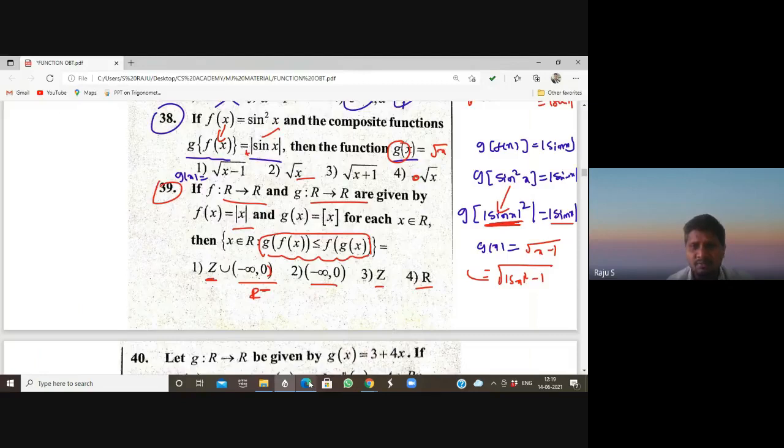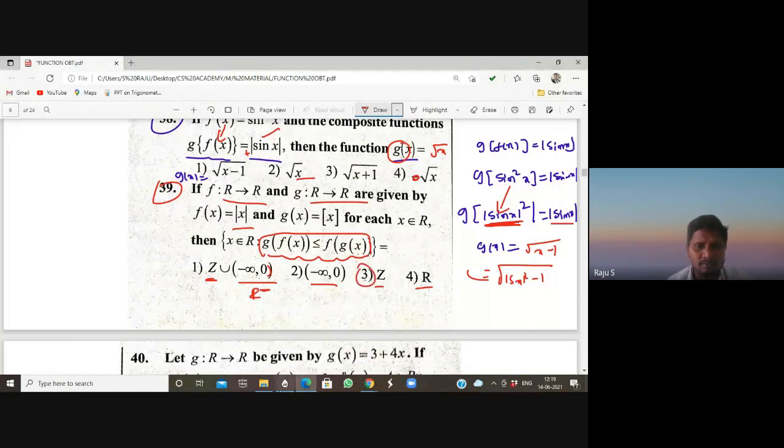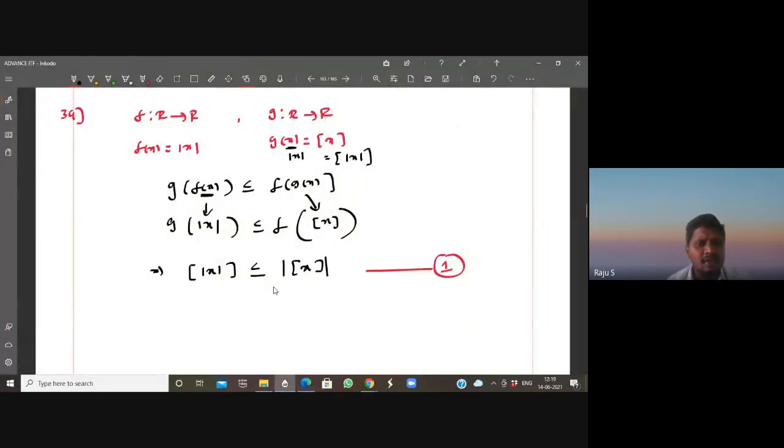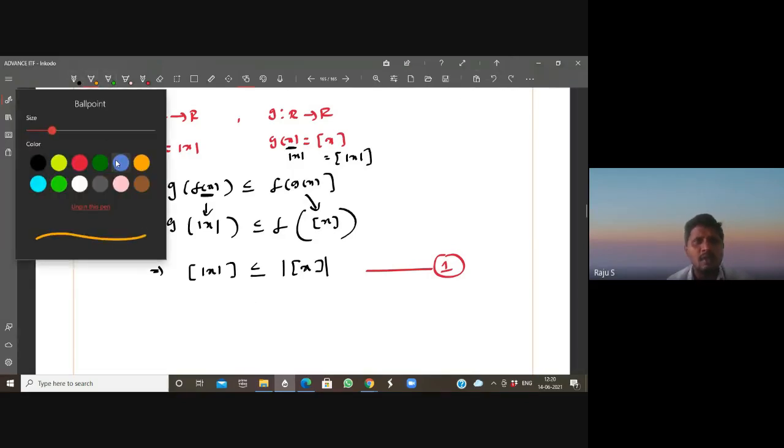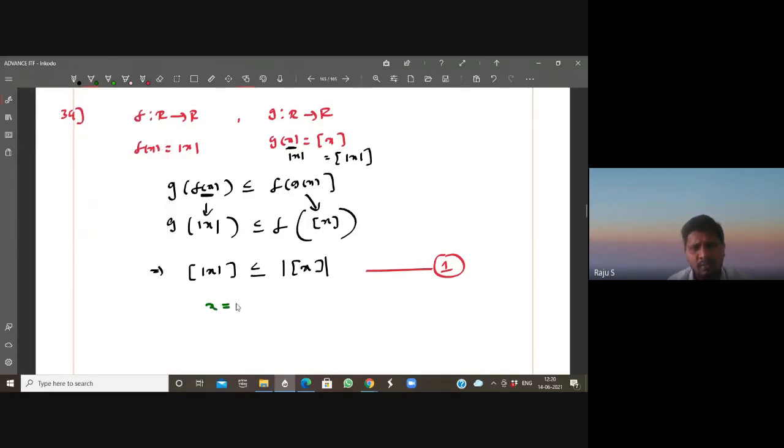For example, see here, the third option: only integers will be there. Is it not satisfied for any real number? Take some x values, positive and negative. For example, if I give some x value of your wish, like I want to take x equal to 1.9. Let us see LHS and RHS. So what is LHS? Greatest integer of modulus 1.9.